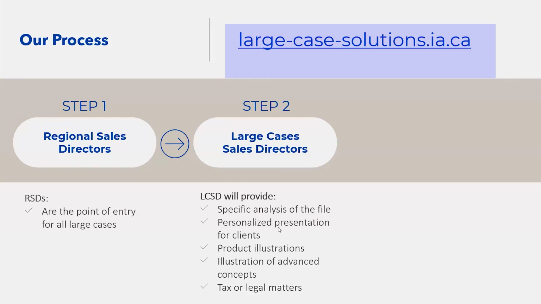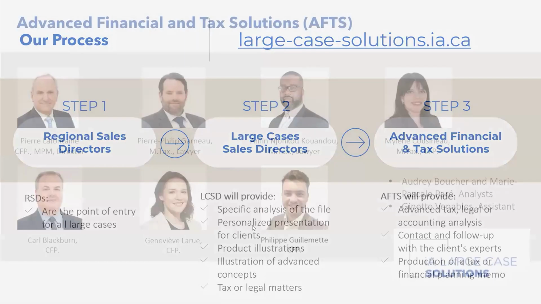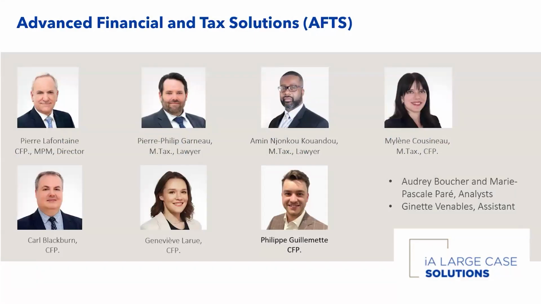And if we need to get into more detail in terms of perhaps structure, maybe you have a holdco and an opco and you're trying to figure out if it makes sense to put it in one place or another, or you have multiple shareholders and other things going on, that's where our large case team can step in. We do have some tax lawyers and tax accountants on the team, and they would meet with us and go through the case, ask questions, and provide some additional guidance on what we can do on that end.